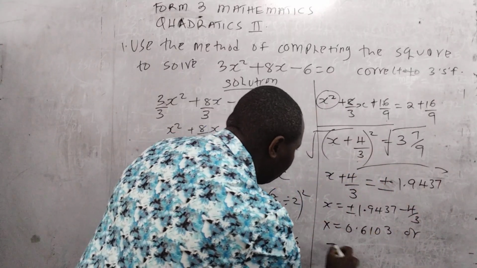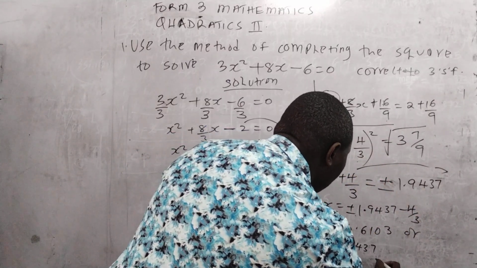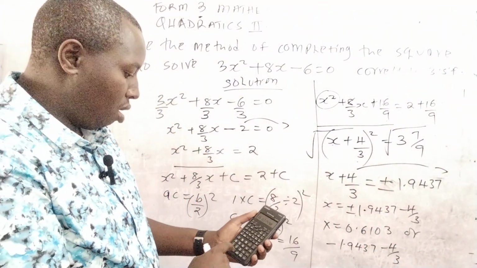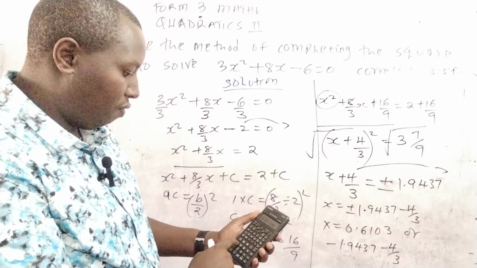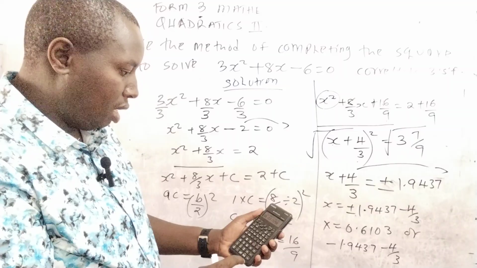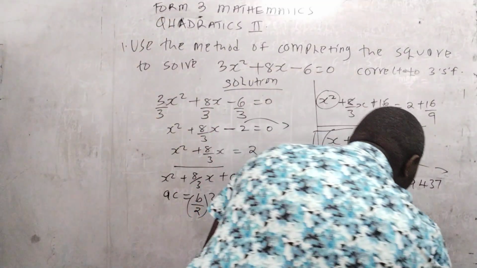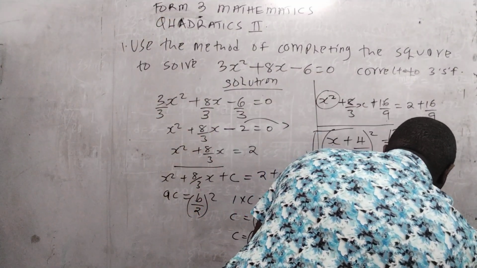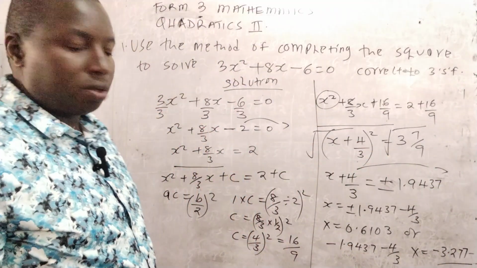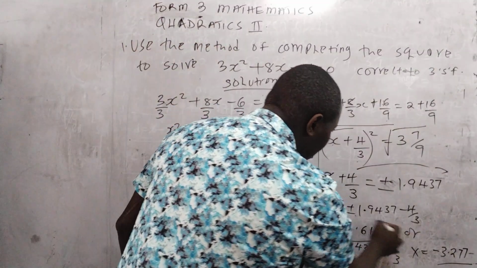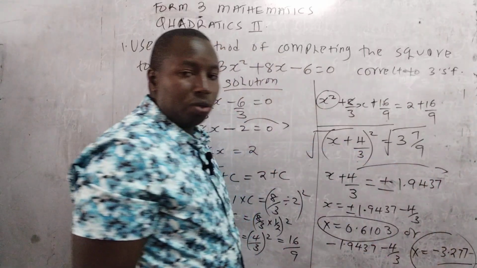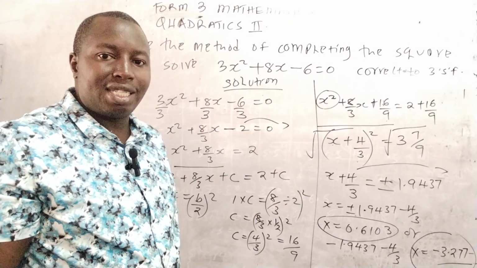Or, taking it as negative, minus 1.9437 minus 4 over 3, x is equal to negative 3.277. So the values of x are 0.6103 or negative 3.277.